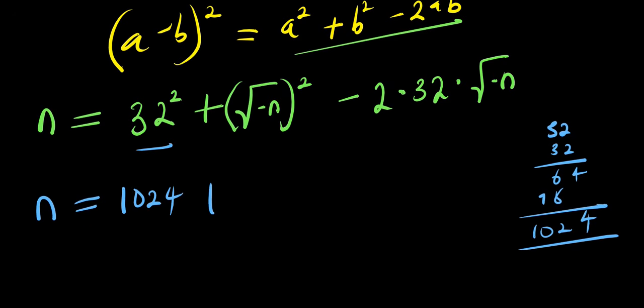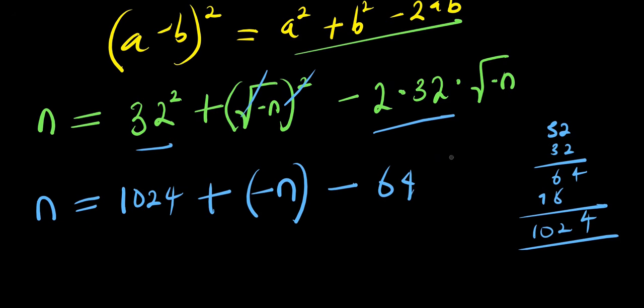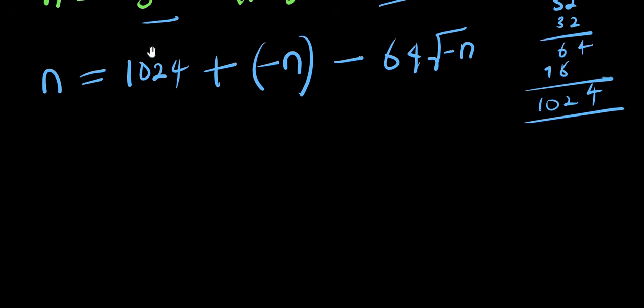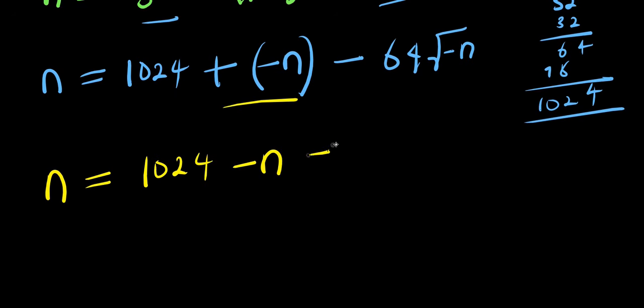That's 1024, plus the square root squared cancels the square, and we have negative n, minus 64 times the root of negative n. So from here, we have n equals 1024 minus n minus 64 times the root of negative n.